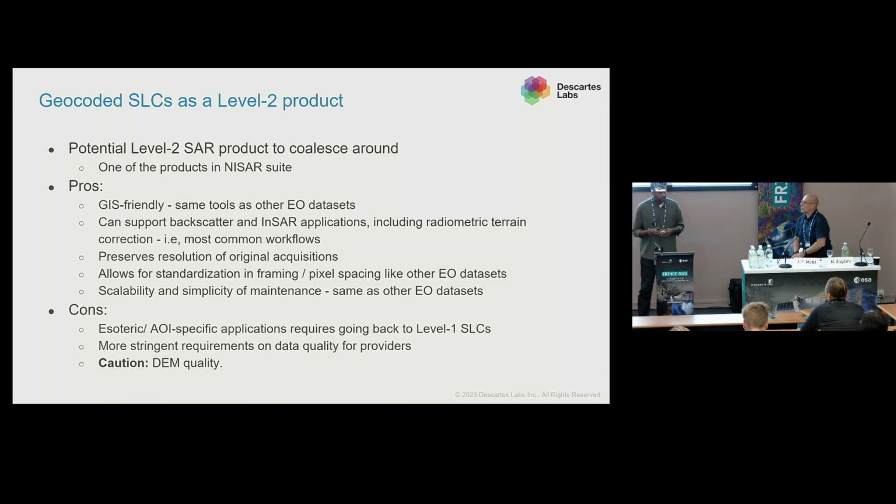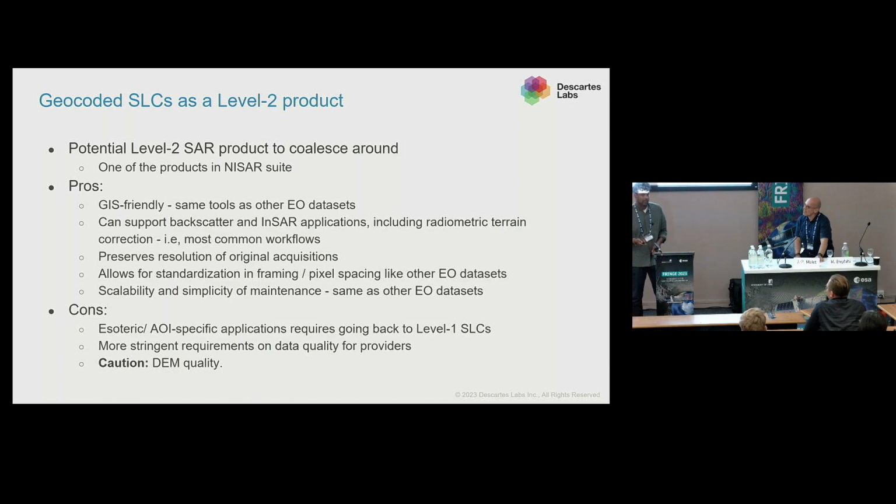You get to preserve resolution in a GSLC product. Also for a lot of the sensors, like the small sat sensors, where each image has its own resolution, you get this intermediate level where you get to standardize the product. You could have whatever resolution at the original L1 SLC, but you could say my GSLC is always going to be 1 meter. That makes life easier for the end users.